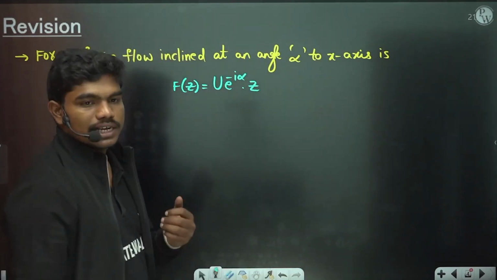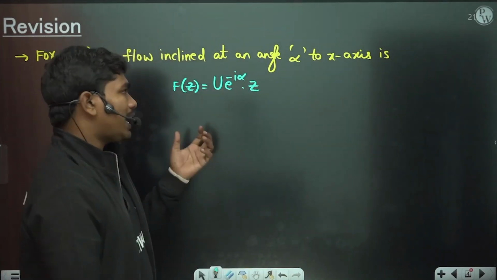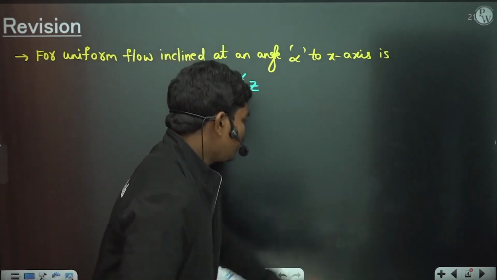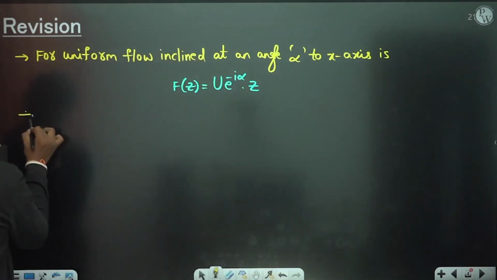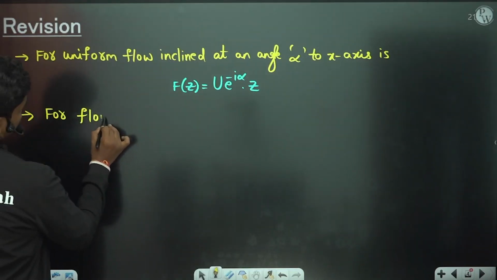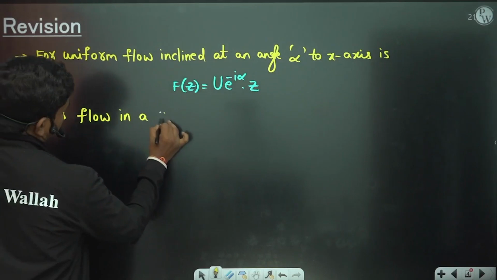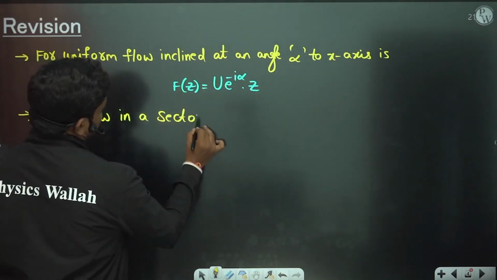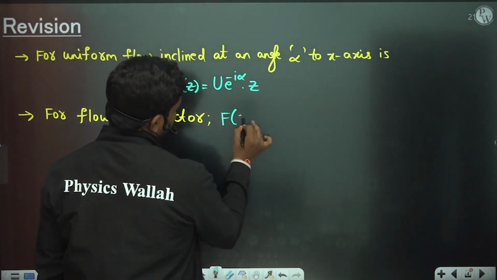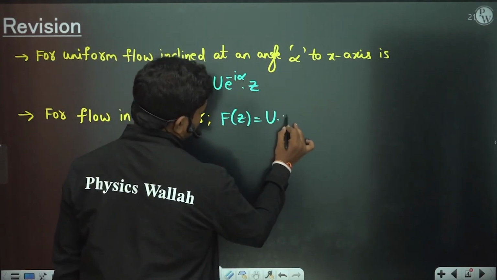So let us suppose the flow is moving with some velocity u and is inclined at some angle alpha. Then for flow in a sector, f of z is given by u times z power n.